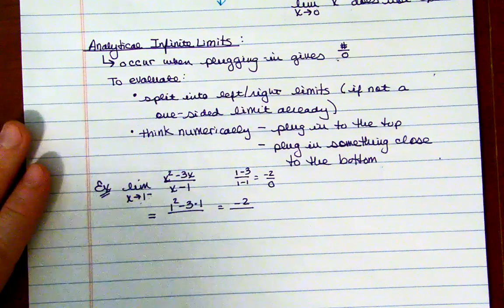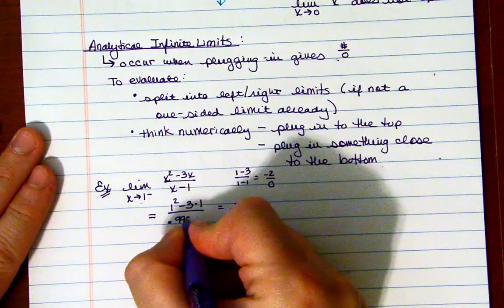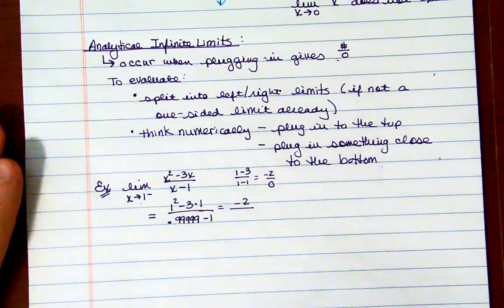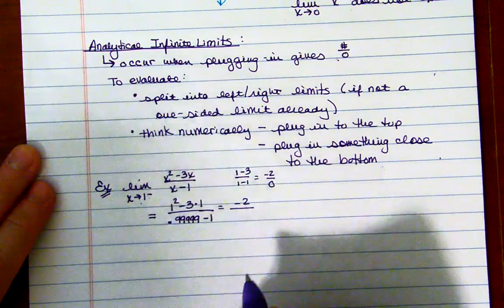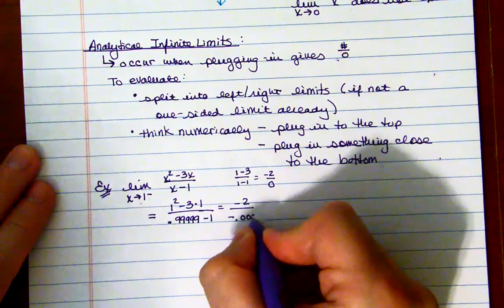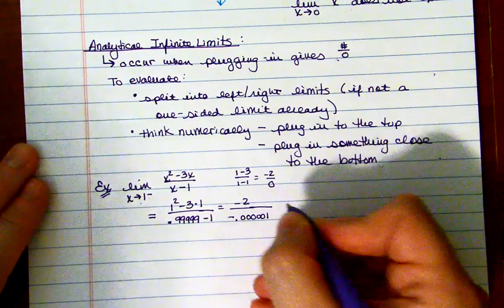I need something much closer, but a little to the left of 1. How about like 0.99999? If you do 0.99999 minus 1, you're going to get negative 0.000001.